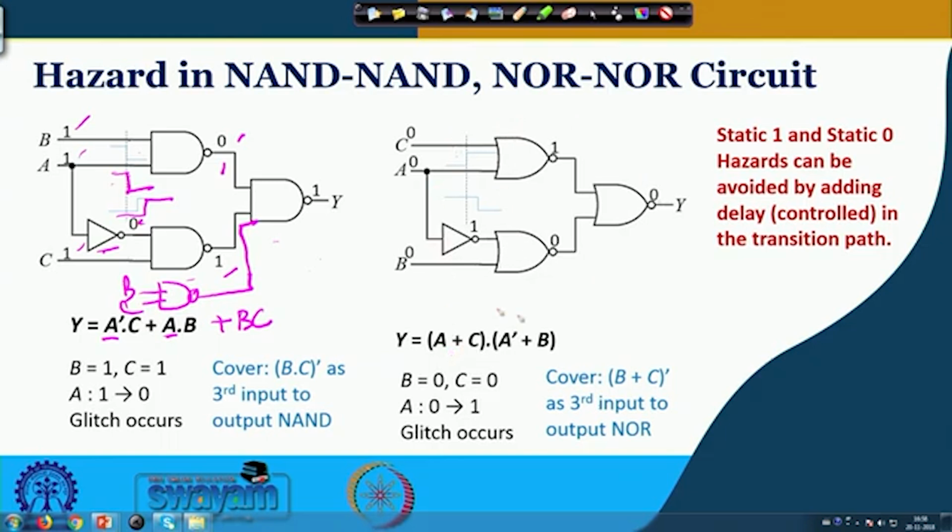This is the snapshot of the different logic values. Then A goes from 0 to 1, and then A bar goes from 1 to 0 with this propagation delay. So, momentarily this is having 1 and this is also having 1, right.